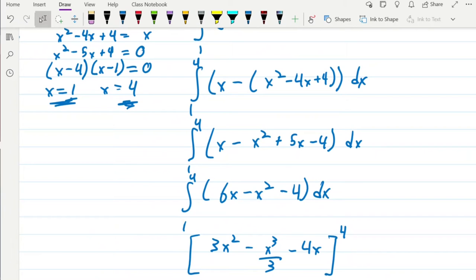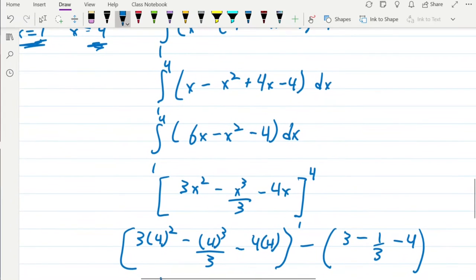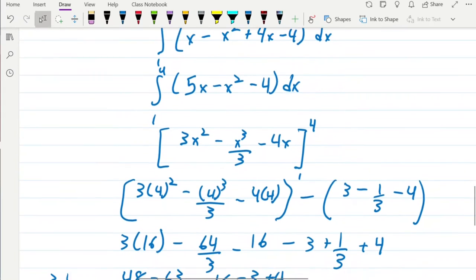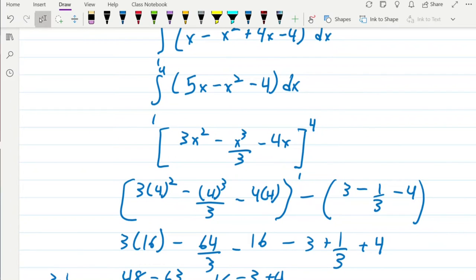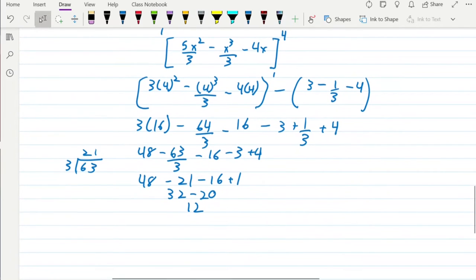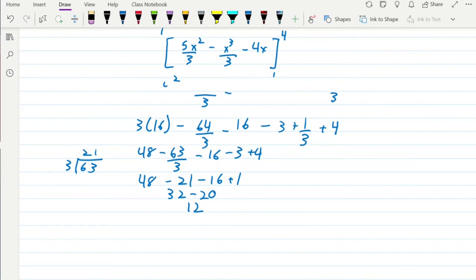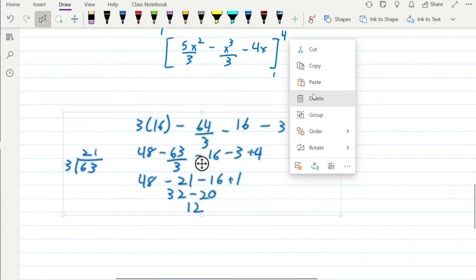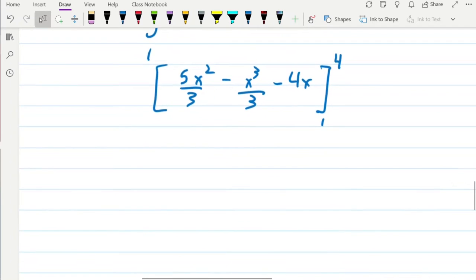When I brought down a 5 right here instead of a 4, this is supposed to be 5x, which will mean 5/3 right here, which means all of the algebra I just did was wrong. Whoops, that's kind of an issue.